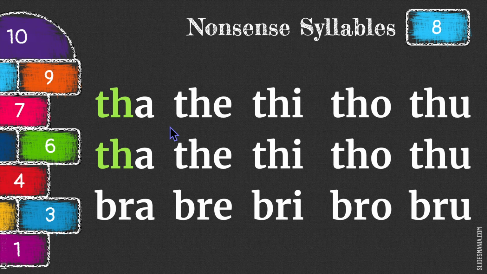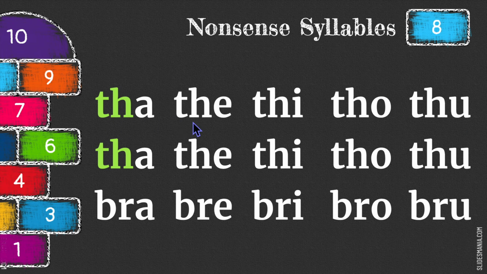Because there is no rule, we are going to do the first line of these nonsense syllables using the unvoiced th sound, and then we will do it again using the voiced th sound. Remember, at the end of these syllables, we will use the vowel's long sound. And since the U has two long sounds of U and oo, we will use the U sound if we can say it easily. If that's too hard to say, we will use the oo sound.